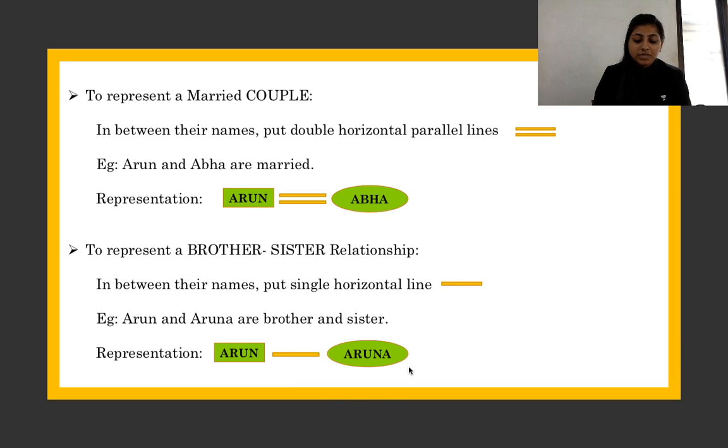Then to represent a married couple, we use two parallel horizontal lines. Okay, to represent a married couple, in between their names, put double horizontal parallel lines. For example, Arun and Abha are married. So that is how it is represented.